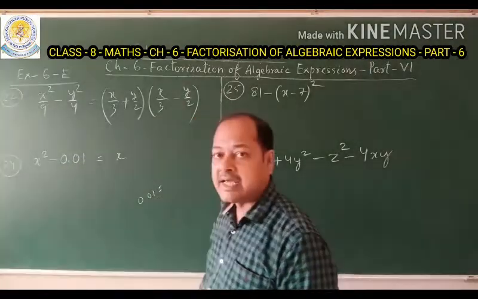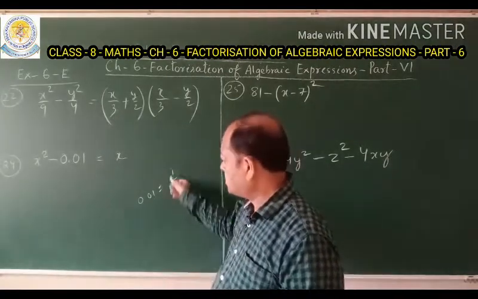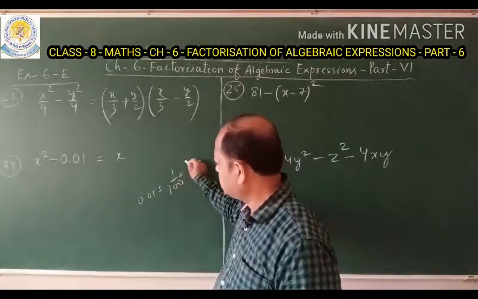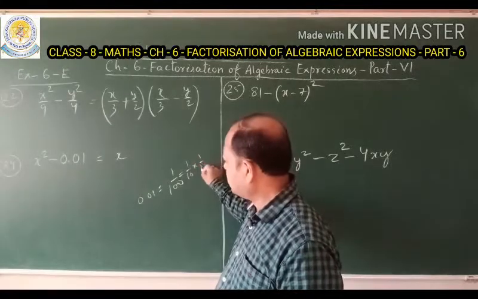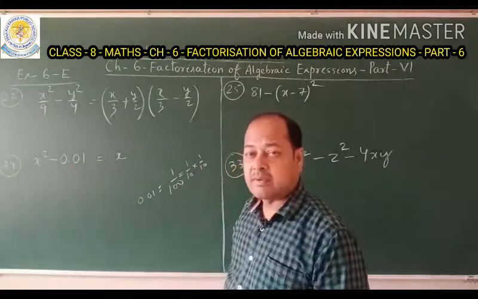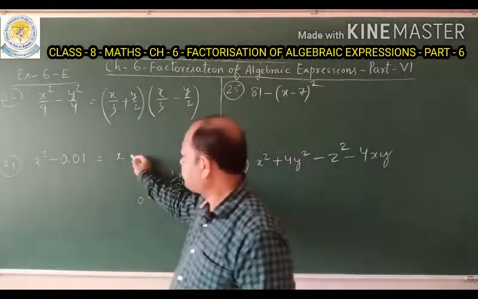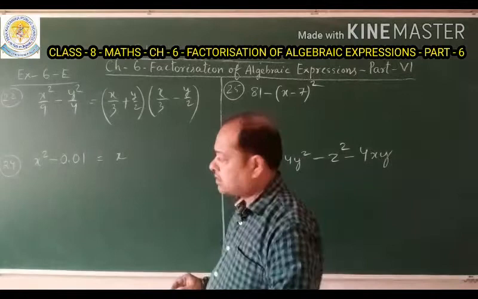0.01 can be written as 1 upon 100. That means 1 upon 100 is the square of which fraction? That is 1 upon 10, because 1 upon 10 into 1 upon 10 is the same as 1 upon 100. So the second term is 1 upon 10.